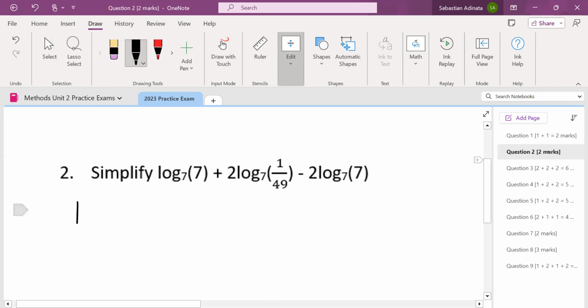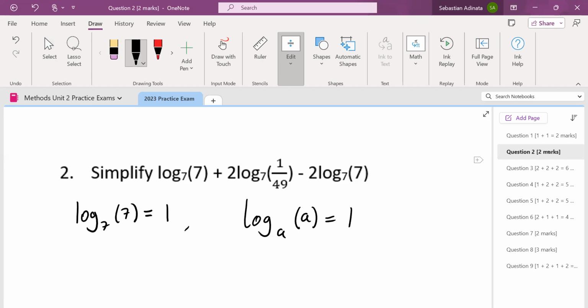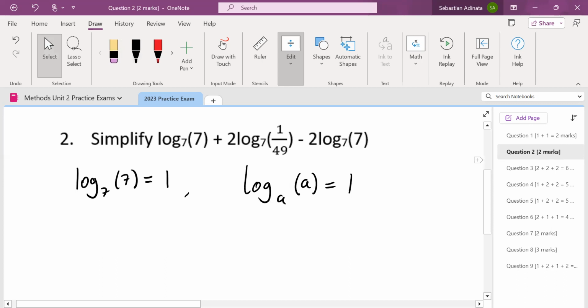So log 7, 7 is equal to 1. This should be a simple log rule. And the only reason we know this is because log base of a to the same number will always be 1. Now, so this part is dealt with.